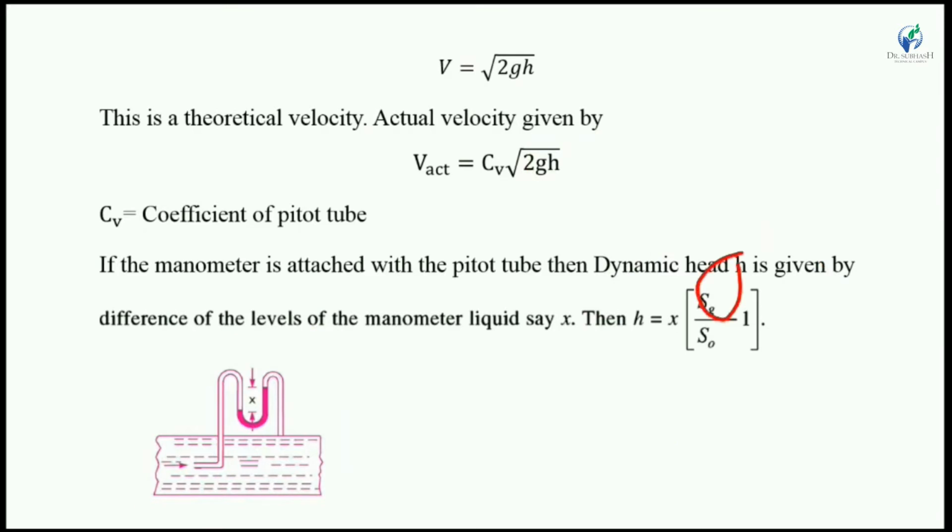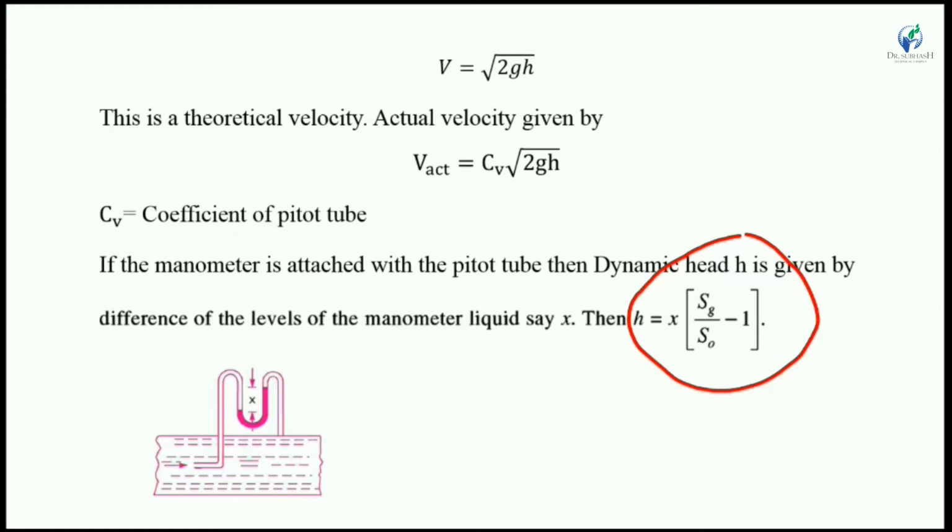Now Sg is the specific gravity of the heavy liquid of the manometer. In most cases, the heavy liquid is mercury, and So is the specific gravity of the flowing fluid in the pipe or Pitot tube. Okay, or the light liquid, we can say, minus 1.